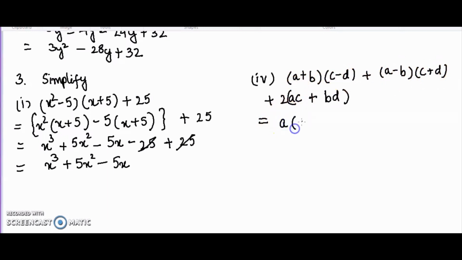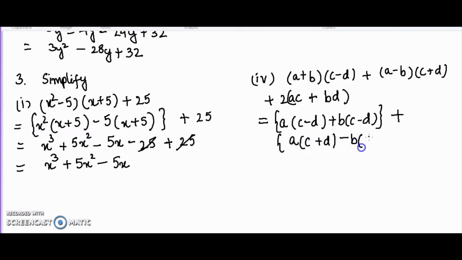So A into C minus D plus B into C minus D. This is the simplification of the first product, plus A into C plus D minus B into C plus D plus 2AC plus 2BD. Because this bracket is there, so 2 will be multiplied with AC also and 2 will be multiplied with BD also. Then you will expand this one.